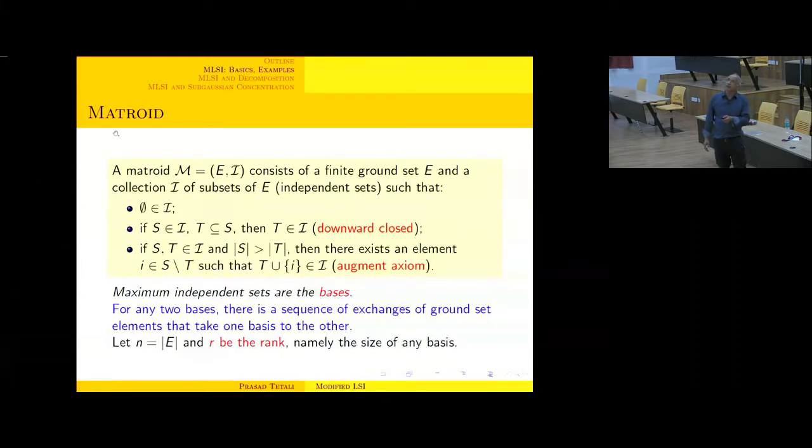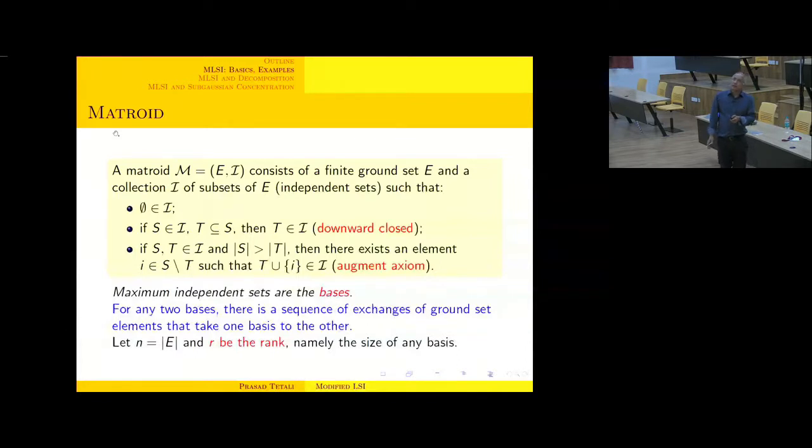These are the axioms. You have some ground set, let's call it E. There are several equivalent axioms, so here I'm choosing one, and that is to identify a collection of what are known as independent sets. These are like independent sets of vectors in a vector space.